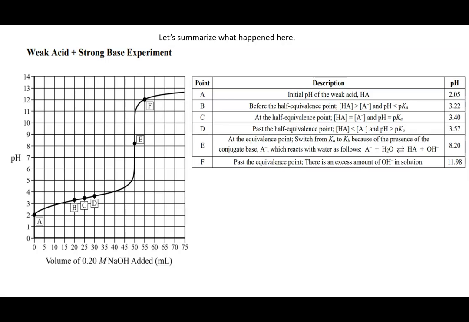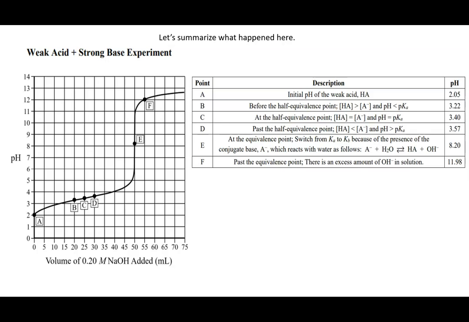Point C is at the half equivalence point. So at that half equivalence point, the concentration of the acid is the same as the concentration of the anion that's left over after the acid donates its proton, and therefore the pH is equal to the pKa. And in our case here, the value is 3.4.